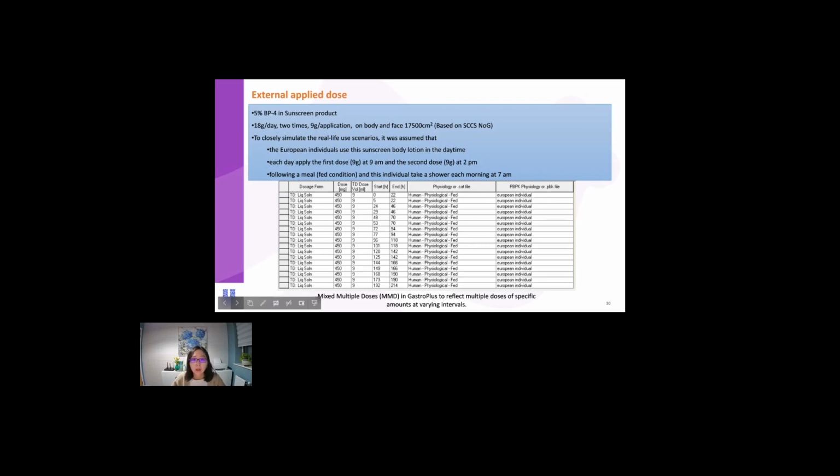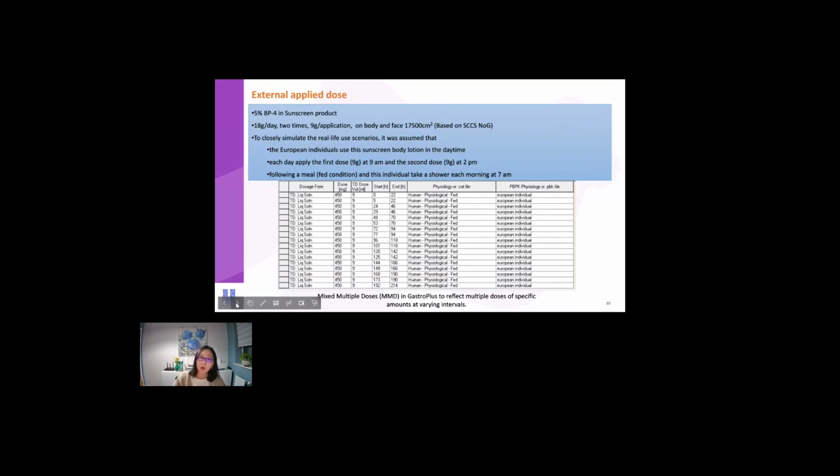The first one being, because we're interested in this case in European individuals, we assume that they use this sunscreen body lotion in the daytime only, and each day apply the first dose at 9 a.m. and the second dose at 2 p.m. following a meal, and this individual takes a shower each morning at 7 a.m. And the good thing about GastroPlus is that we can use its mixed multiple doses function in the software to reflect these multiple doses of specific amounts at varying intervals. And next, please.